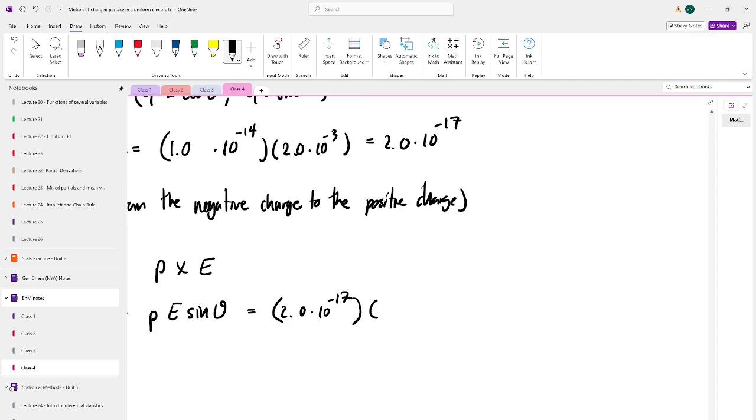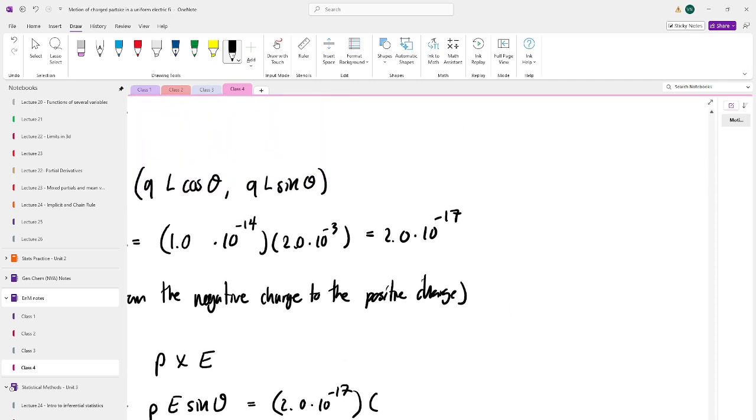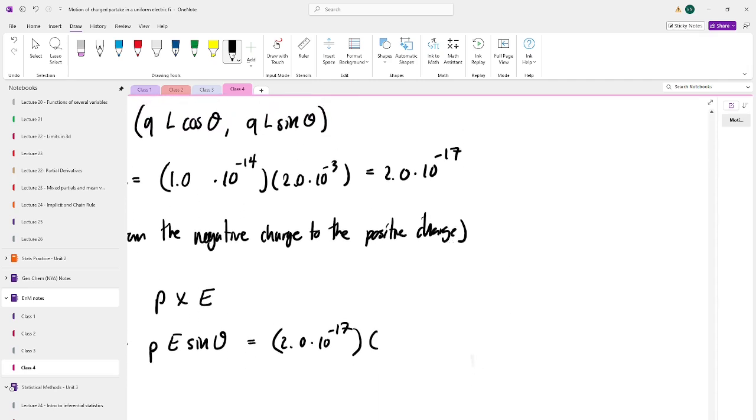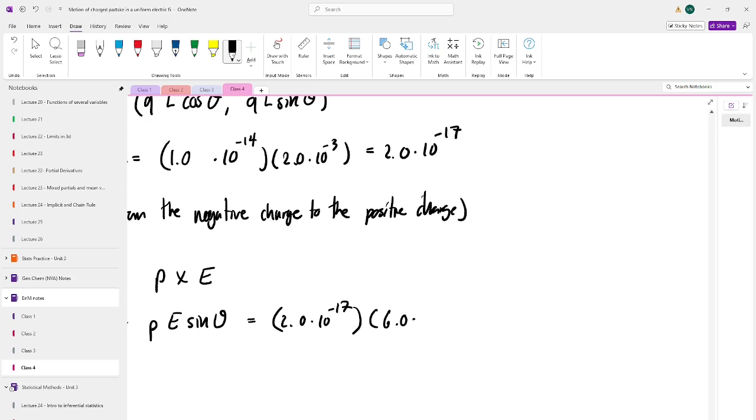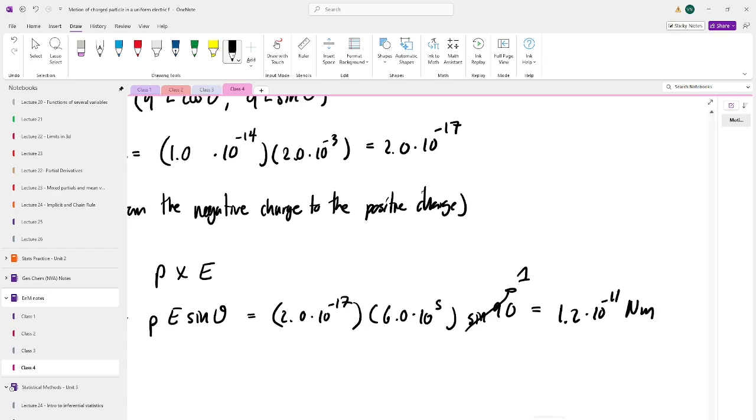And then the electric field is given to be 6.0 times 10 to the 5 newtons per coulomb. And then, of course, we have the sine of 90 degrees, which is just equal to 1. So we can do that. 1.2 times 10 to the minus 11 Newton meters.